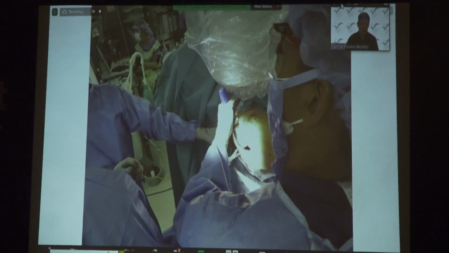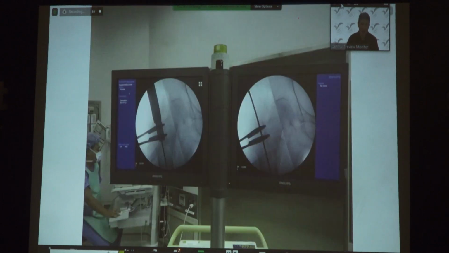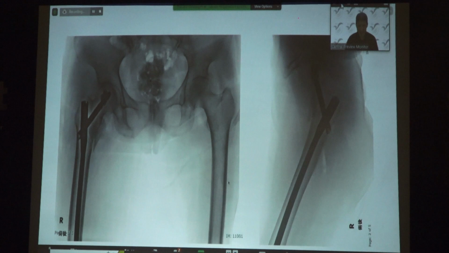So we used every method we could, clamps, pushers, and elevators, to get the reduction. Again, we got a pretty nice positive reduction and placed the nail. This patient also had bad bone quality, so cement augmentation was added.